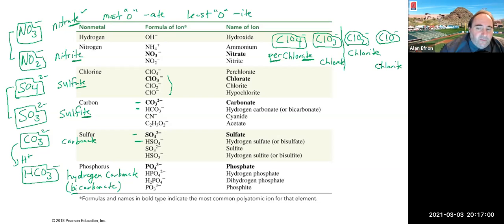And the guy to the far right would also be chlorite. Same idea here. We cannot have, obviously, the same name for 2 different things. So in a group of 4, if it has the least number of oxygens, it will start with hypo and end in ite. So we have perchlorate, chlorate, chlorite, and hypochlorite. And again, in a group of 4, that's where we have those additional parts of the name that come before.